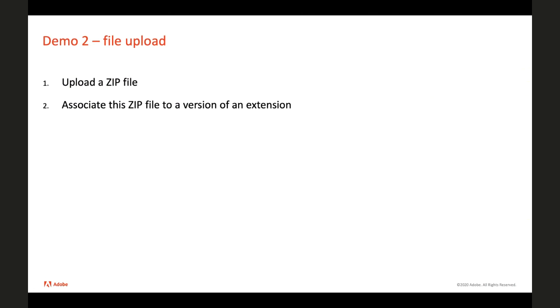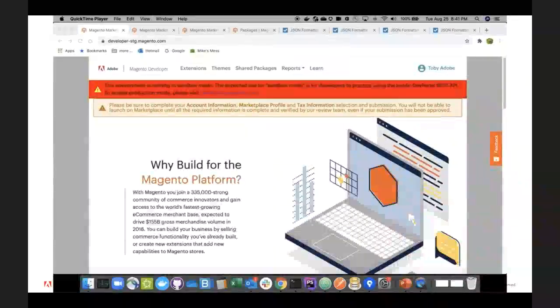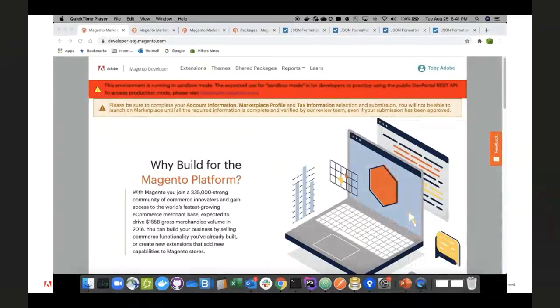And in this case, what I'm using is the Sandbox. In this demo, we'll use the Marketplace EQP API to do a file upload, and then we'll associate that file upload to an existing extension.